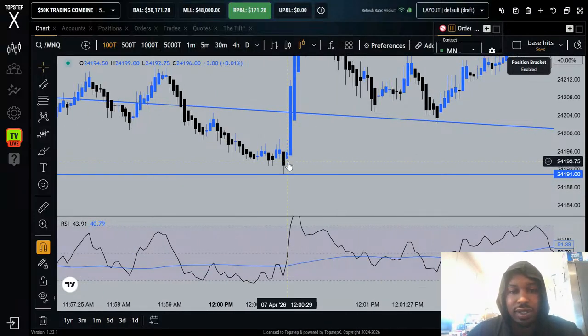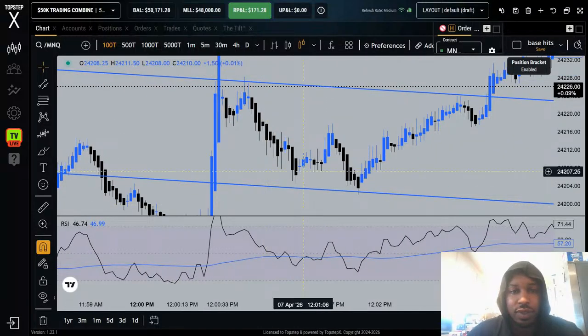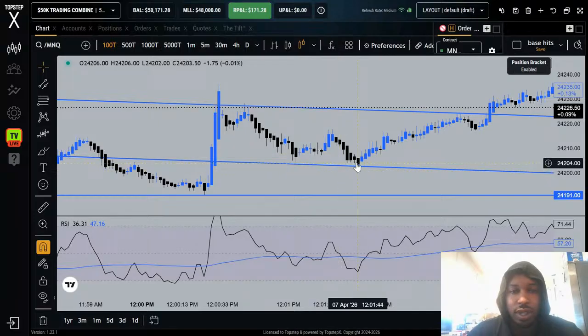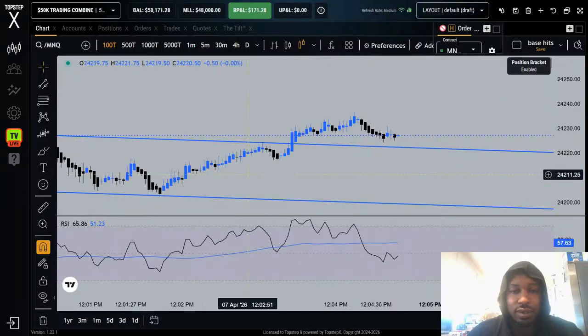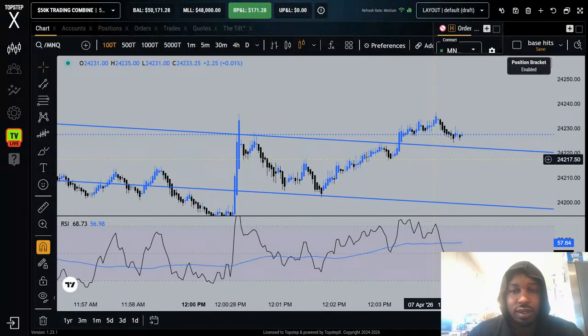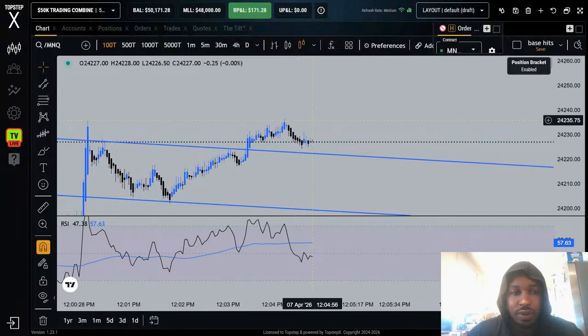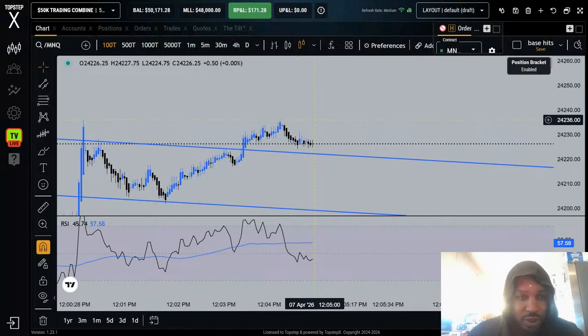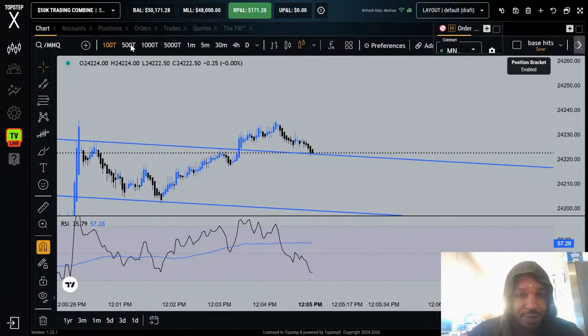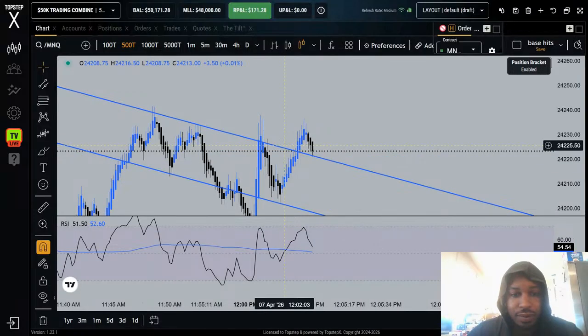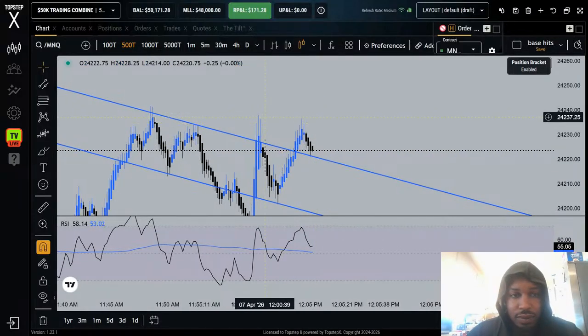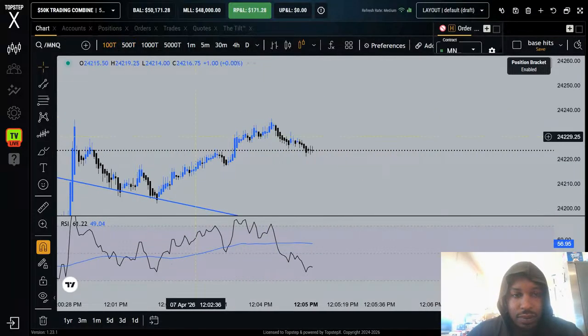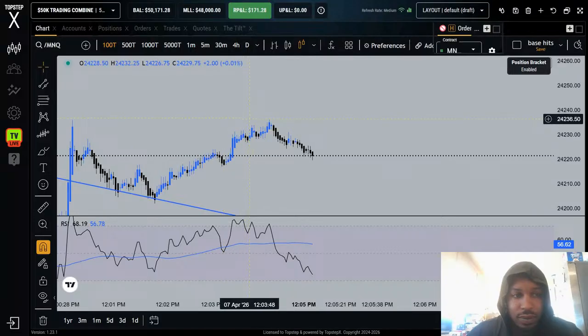Well, actually, it stopped me out and then it shot up. And then I started looking for another channel. I got a wedge and not a channel. Then it kind of took off without me. But let's see, that was a liquidity sweep right there. No, it wasn't.